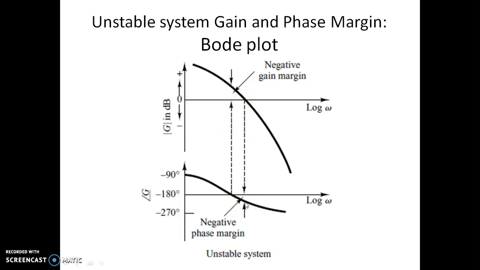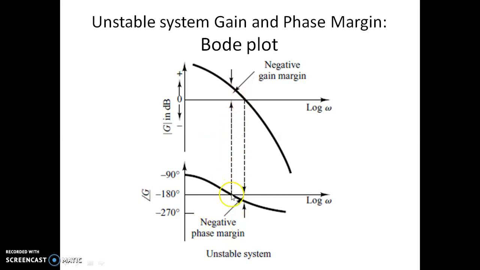So more than minus 180 means, say, minus 190, minus 200, minus 220. Since the phase margin is 180 plus this angle, if it is minus 200, then the phase margin is 180 plus minus 200, which is minus 20 degrees. So that's why the phase margin is negative here.